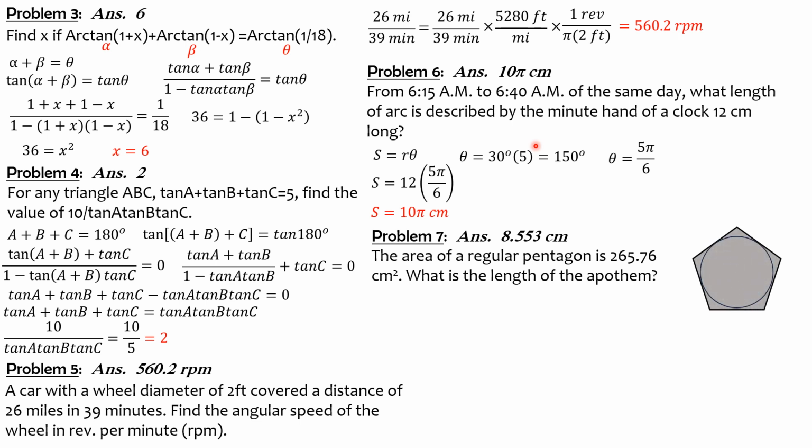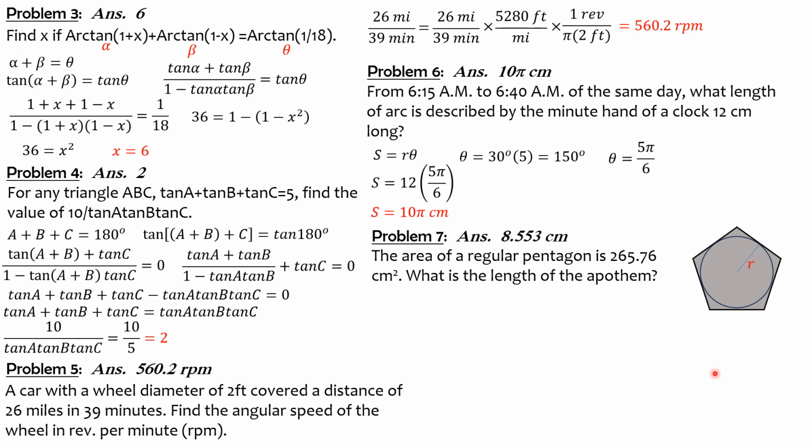And let's draw the figure. This is the circle that is inscribed in this regular pentagon. Its radius is the apothem. The central angle of each triangle is in general 360 degrees divided by n.